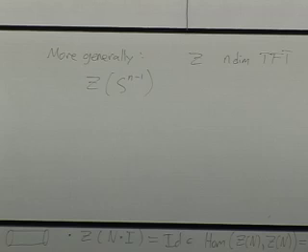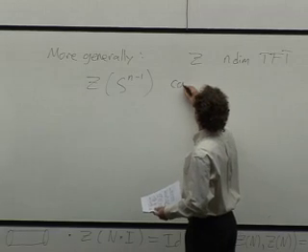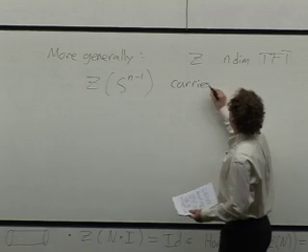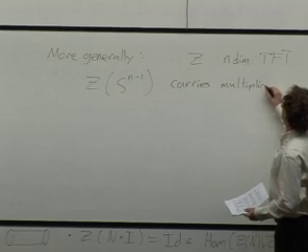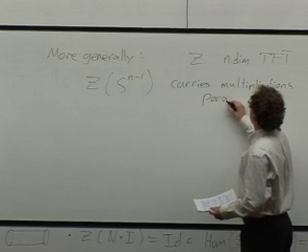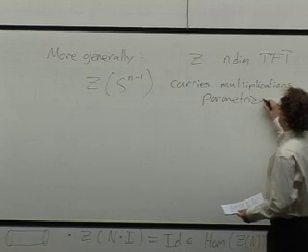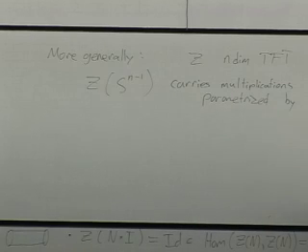Well, Z assigns to the n-1 sphere a vector space. But the claim is that this vector space carries a canonical multiplication, where in fact it carries, if you'd like, many multiplications that are parameterized by versions of the pair of pants, which we'll call little disks. So what do I mean by this?